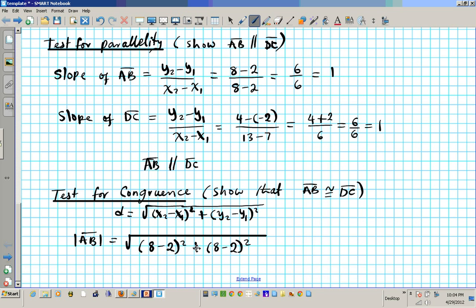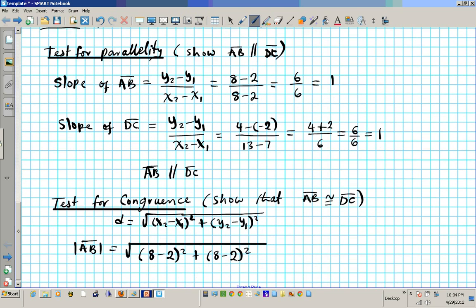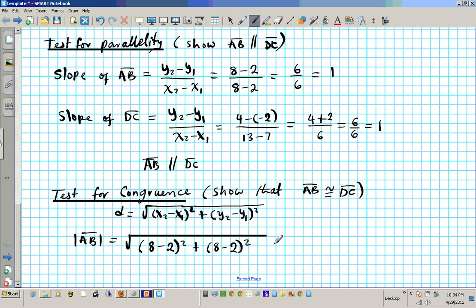Alright, so x2 minus x1, y2 minus y1. If you look at AB, this is x1, y1, x2, y2. So you subtract the x's and you subtract the y's. Alright, so that's how you do it. So what does this give us? This gives us the square root of 8 minus 2 is 6 squared plus 6 squared. Alright, it becomes the square root of 36 plus 36, which equals the square root of 72.